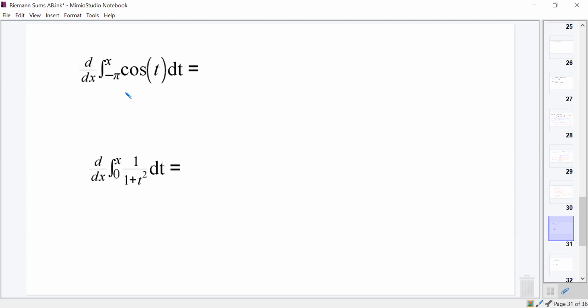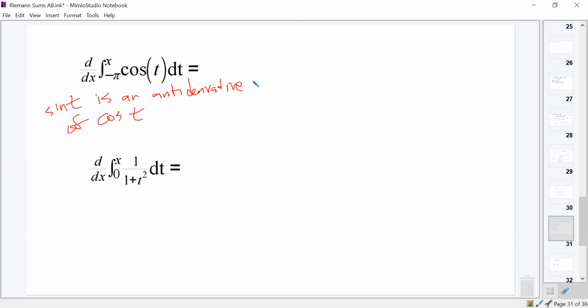Sine. It should be sine, right? We could say that sine of t is an antiderivative of it. It's not the only antiderivative of it, because I could also have said sine t plus 5 or sine t minus pi, because any of those functions, when you take their derivative, just get you back to cosine t.